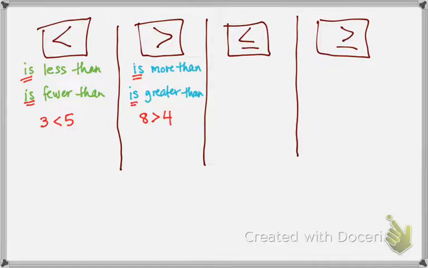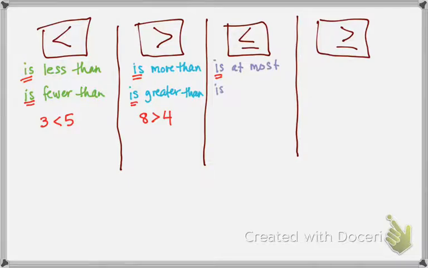Now where it gets tricky is the or equal to's, because the words you hear sound like they should be with the other symbol. But you got to think logically about it, okay? So let's start. For less than or equal to, you're going to hear words like is at most, meaning this is the biggest it can be, but it could be less, okay? Is less than or equal to.